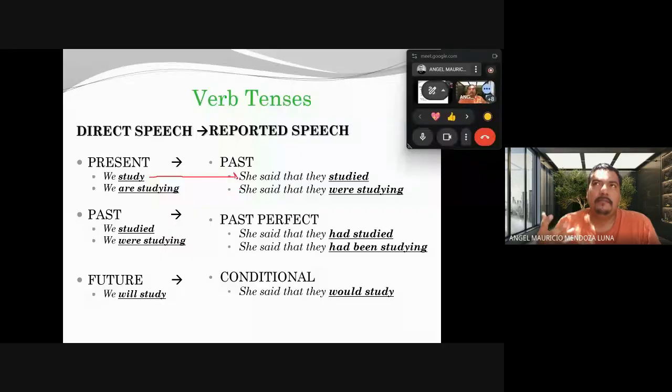In few words, these grammar tenses are like a family. Present, past.